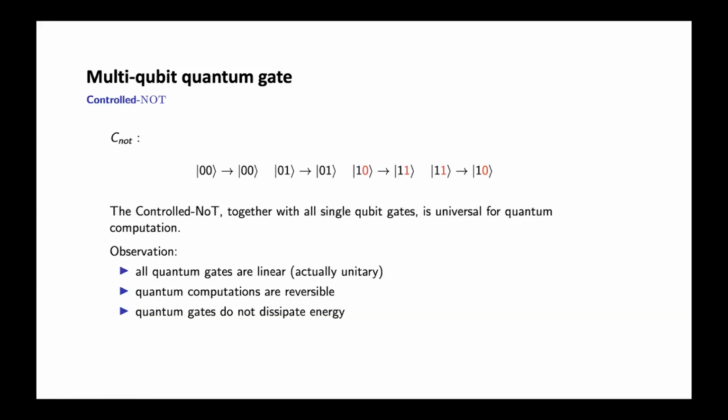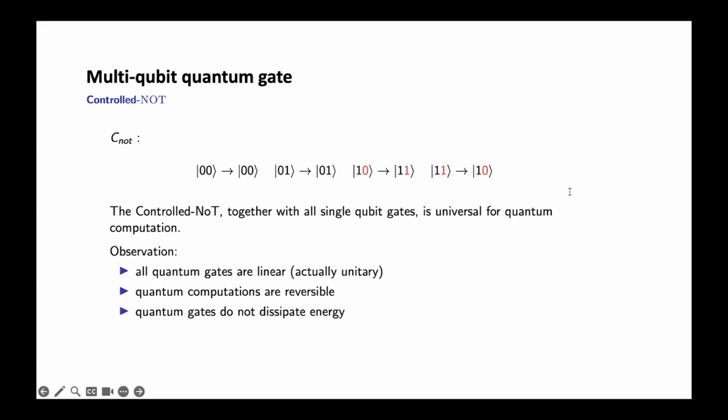You can develop any algorithm that you need and that you want. So the combination of this controlled-NOT gate together with all single qubit gates is a complete gate set, and you can do any quantum algorithm with that.